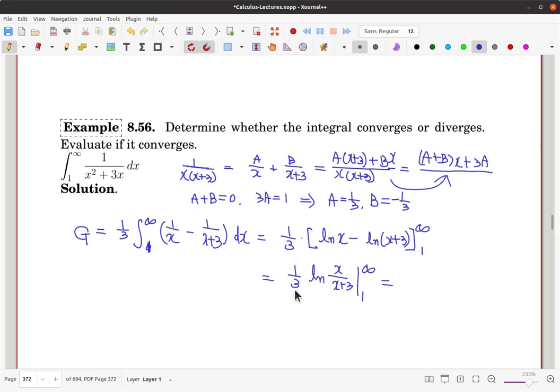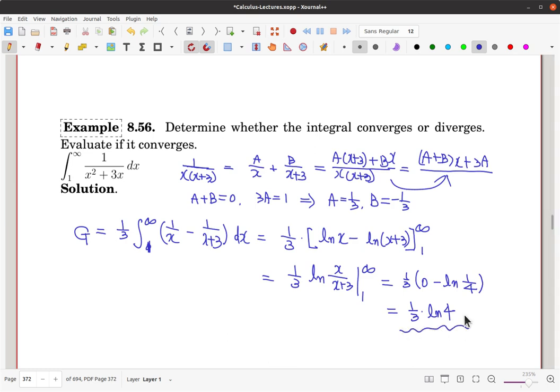Once it is infinity, this ratio is approaching 1, so the logarithm becomes 0. So 1/3 times 0 minus, once it is 1, logarithm of 1/4. So the final value, along with this negation, we can put as 1/3 of logarithm 4.